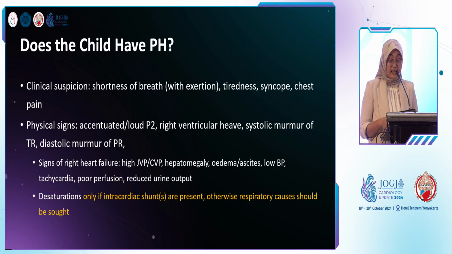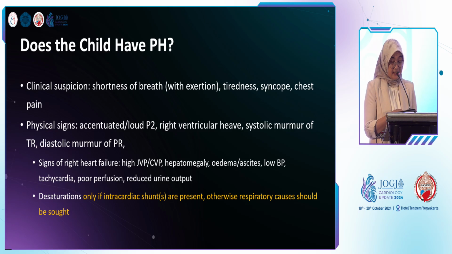That's why, for the clinical manifestation of pulmonary hypertension in children, we can see shortness of breath on exertion, tiredness, also syncope, as well as chest pain. This is the clinical manifestation of hypoxemia.